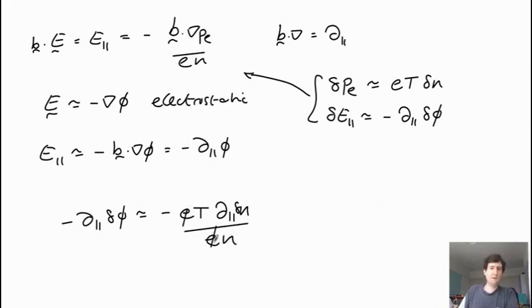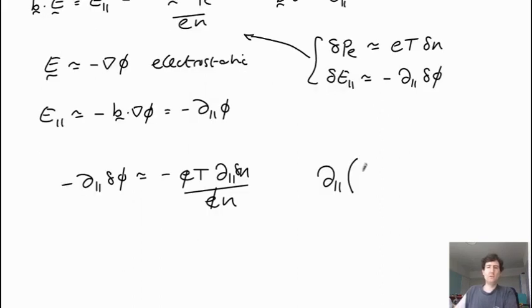The e's now cancel. We take this over to the other side, and we have a parallel gradient of minus delta phi plus T over n times delta n equal to 0.